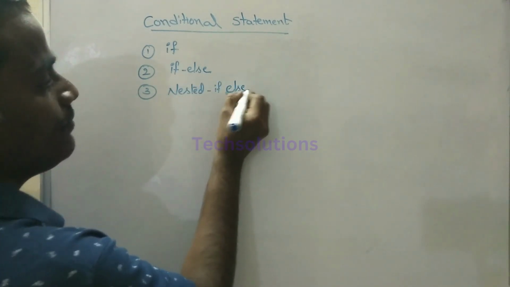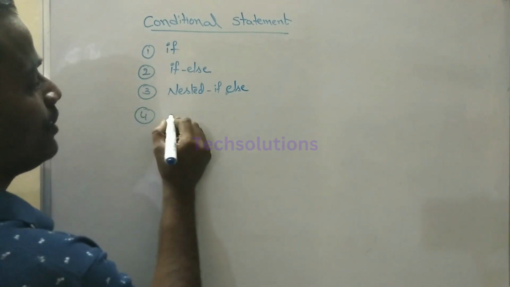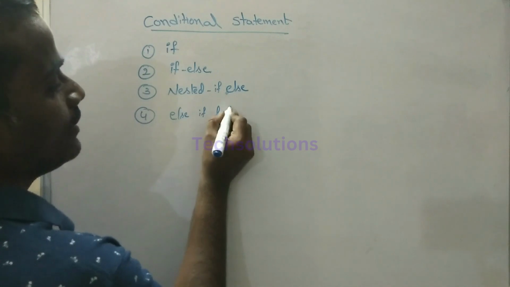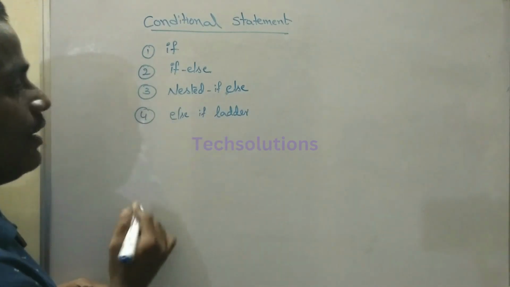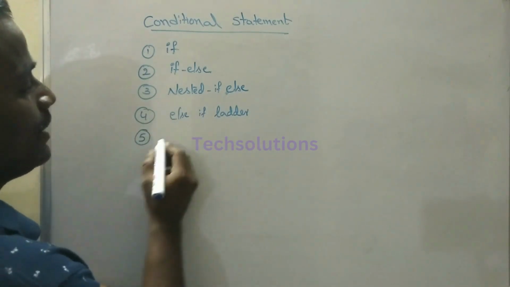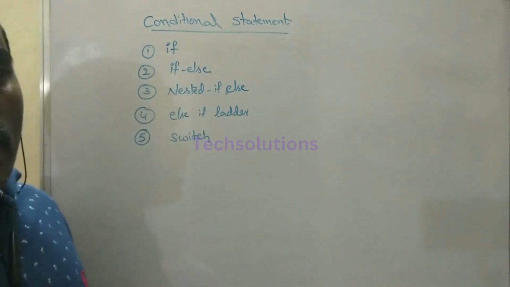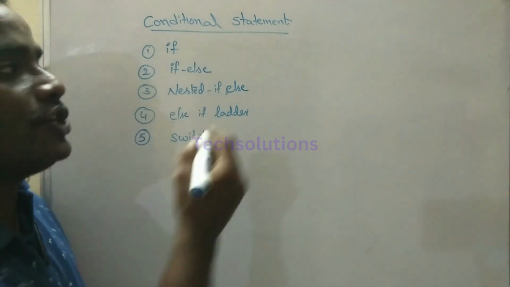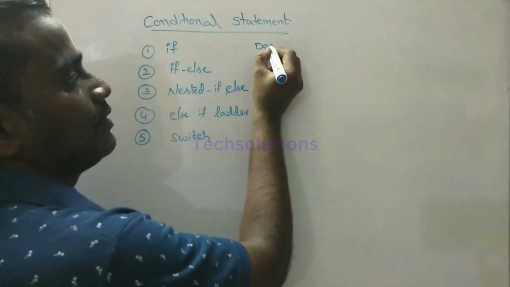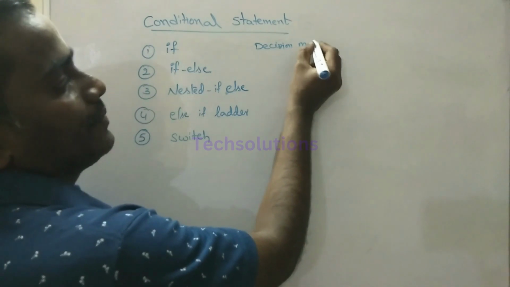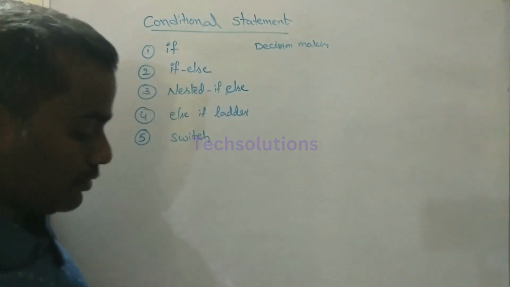The fourth one is else if ladder, and the fifth one is switch. These are the conditional control statements, or decision making statements.